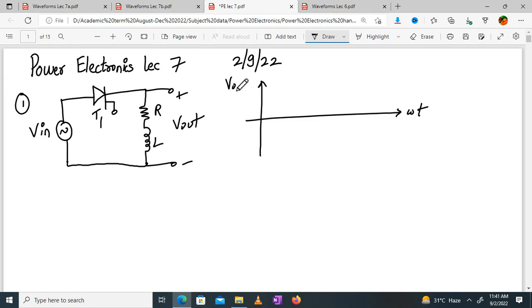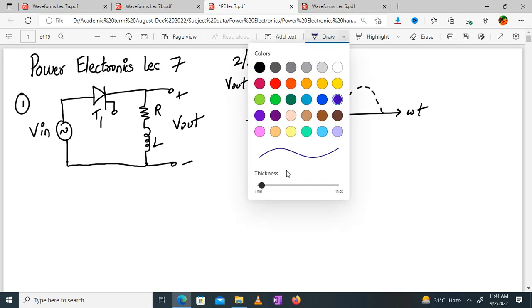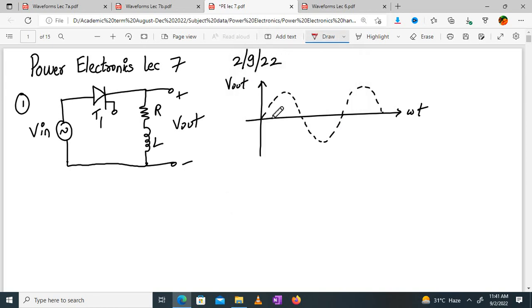These are the voltage waveforms across the load.